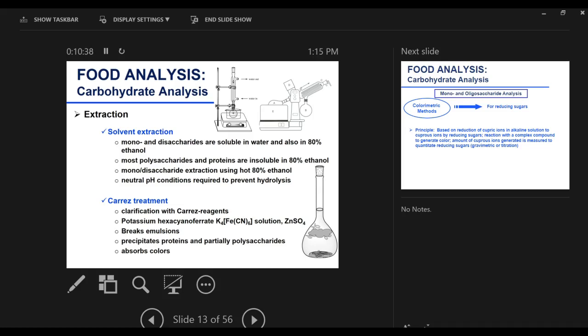I can put my sample in a water bath here, on a hot plate. And then my sample is in this round flask with 80% ethanol. I have a distillation unit here.